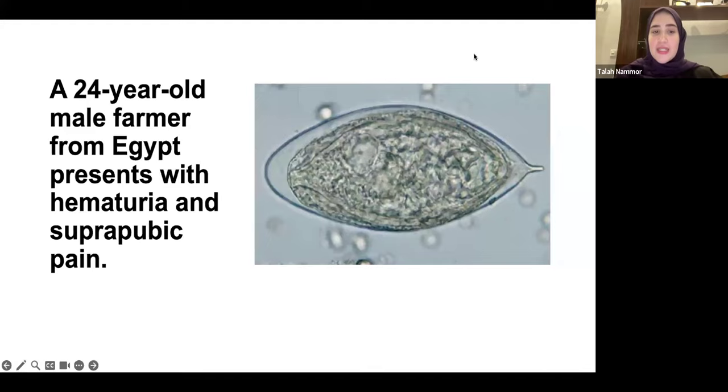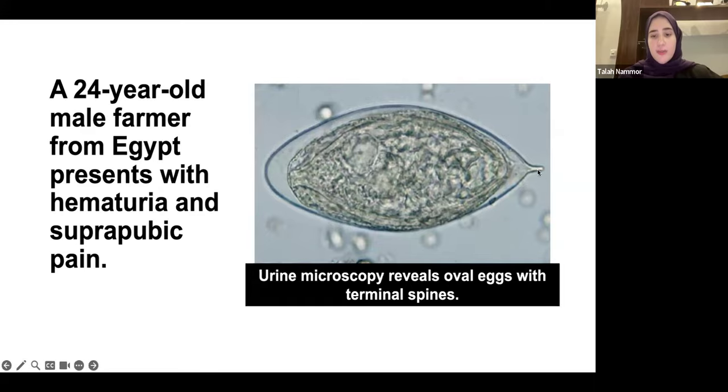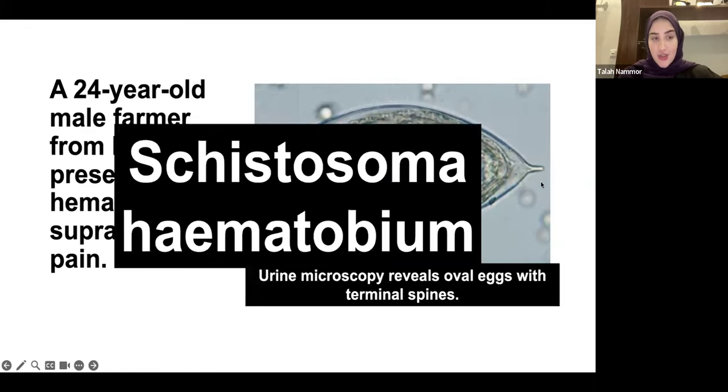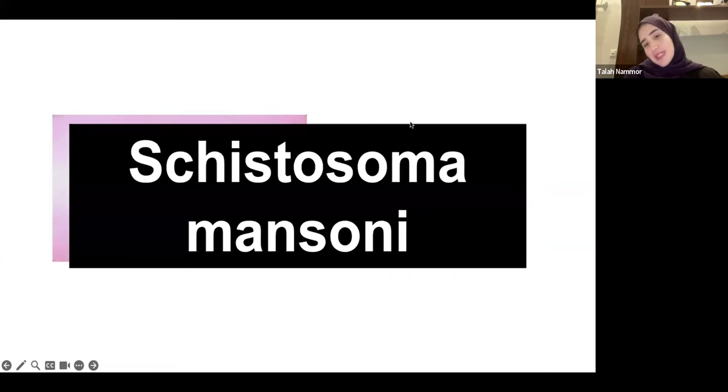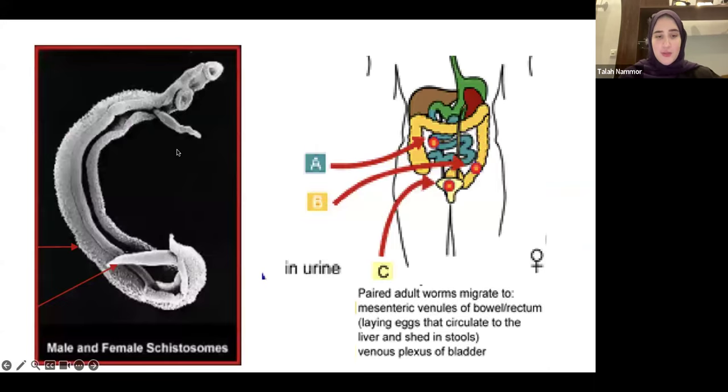Anyways, what is this? Egypt. It's a farmer in Egypt. Schistosoma haematobium. Right. And why haematobium? Because the terminal spine is straight. Now, if we look here, the lateral spine is going to the lateral side. So it's mansoni. And then this is the ugly mother.